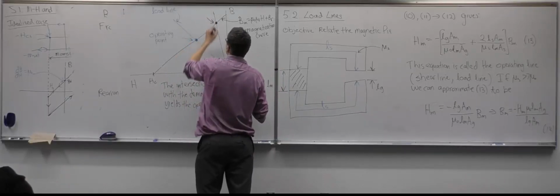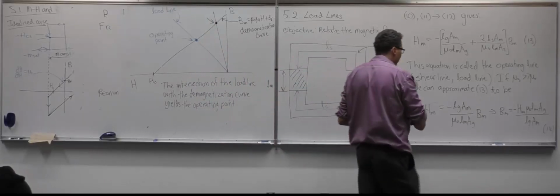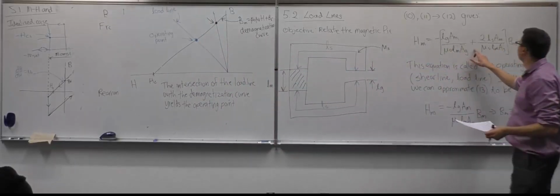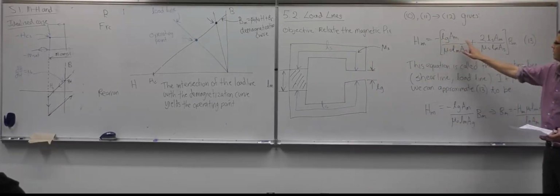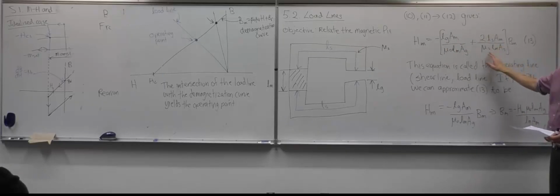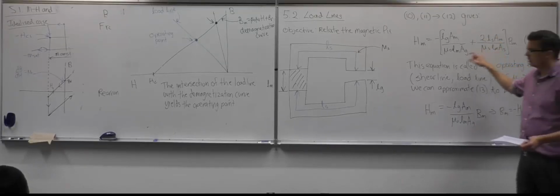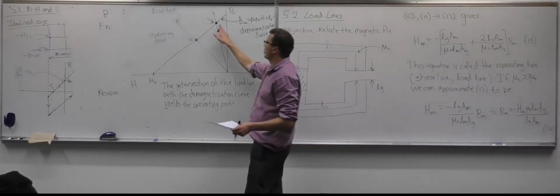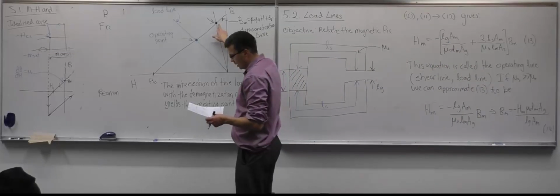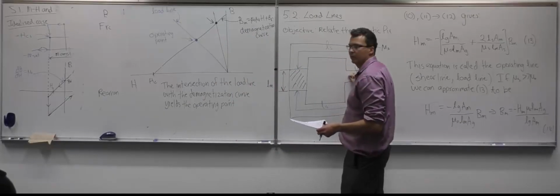So now the ultimate would be if we go back to this one here, if we made Lg equal to 0, then we'd only have this term left, right? And that would be due to the reluctance in the magnetic steel. So you could think of this point as maybe being the short circuit point for the magnetic circuit if we closed this air gap.